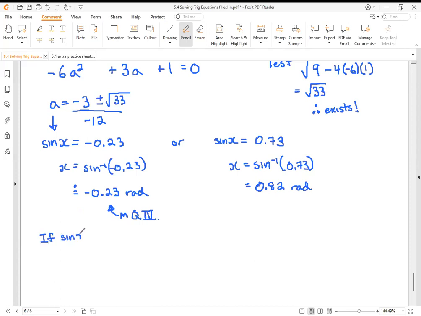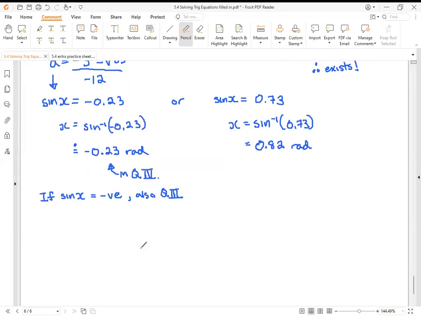Something I forgot to do. Since the sine value is negative, it can also be in quadrant 3. So to visualize, I'm going to draw something here. This angle is in quadrant 1. If sine x equals positive, it's also in quadrant 2. So what does that mean?